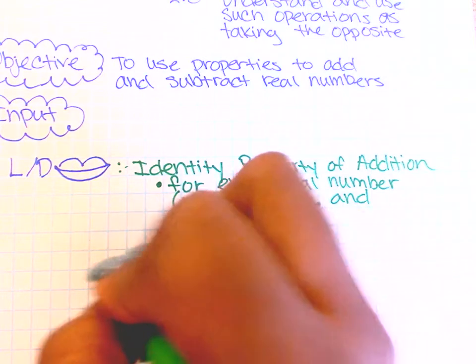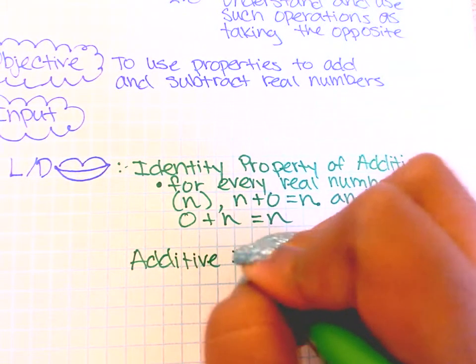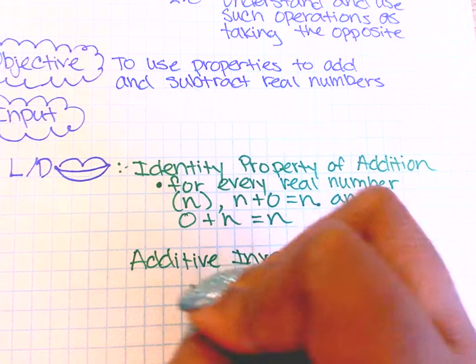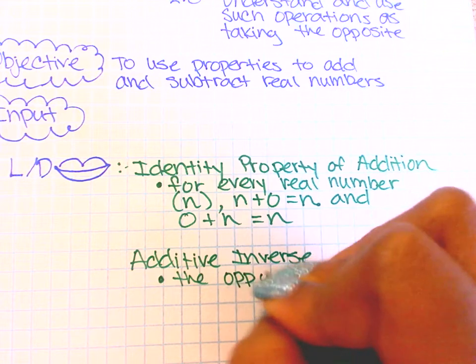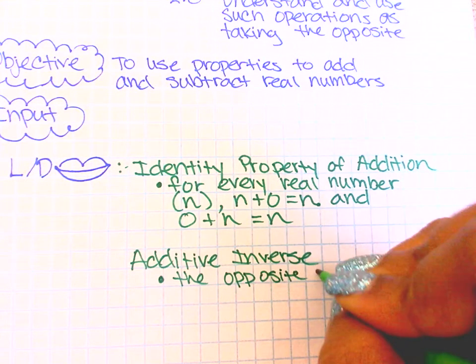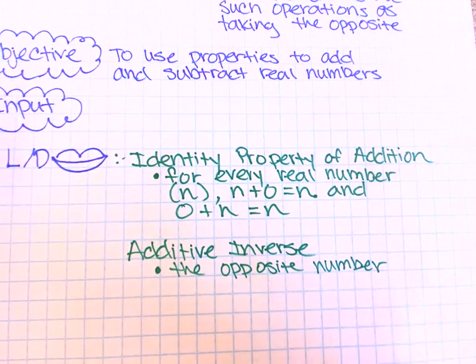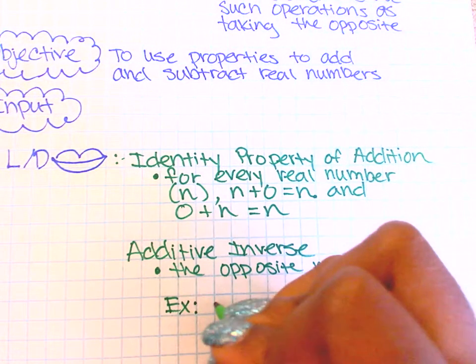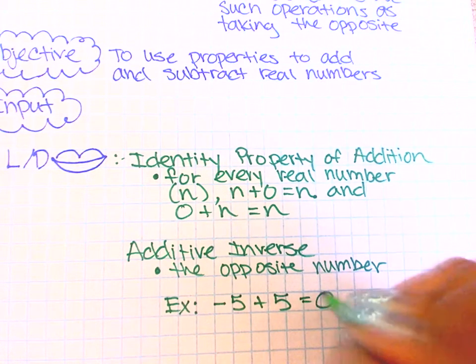Next word is the additive inverse. The additive inverse. That basically just means the opposite number. I'm going to give you an example. -5 plus 5 will equal 0.